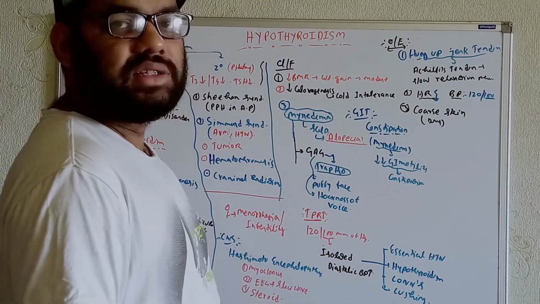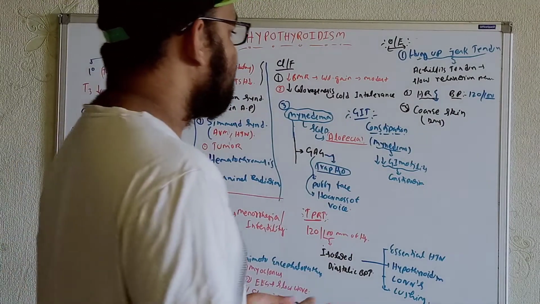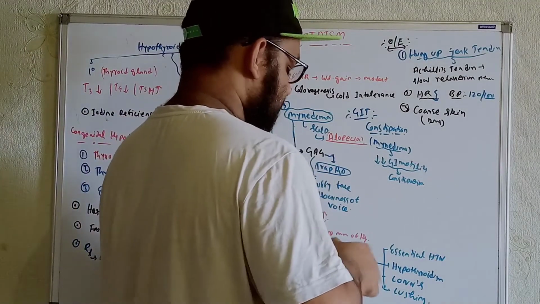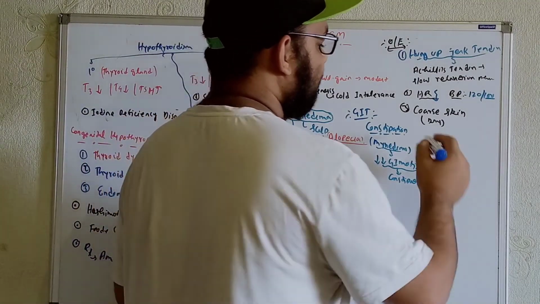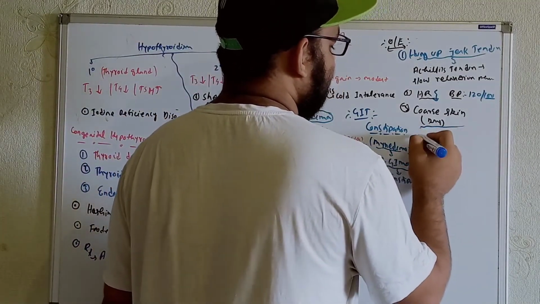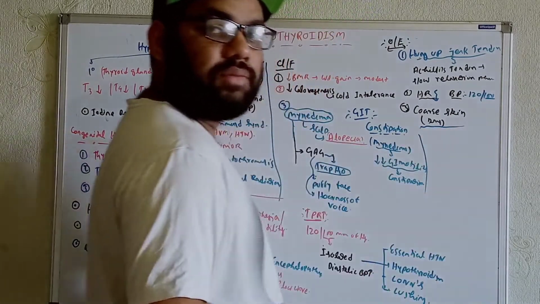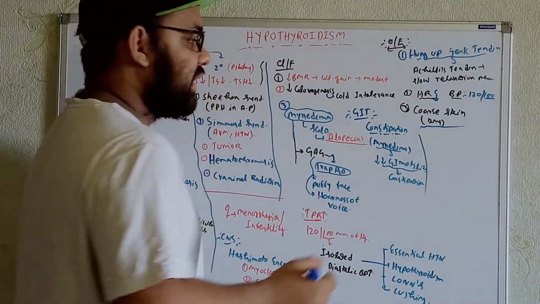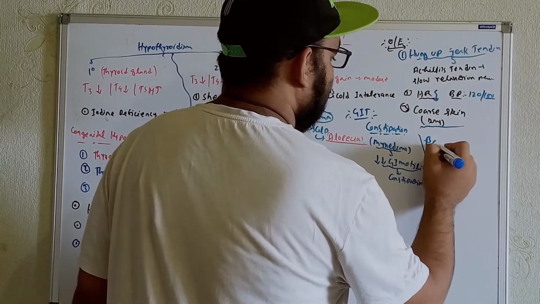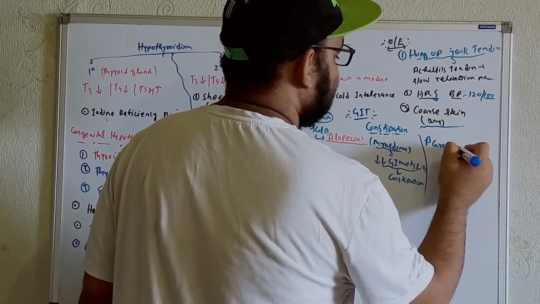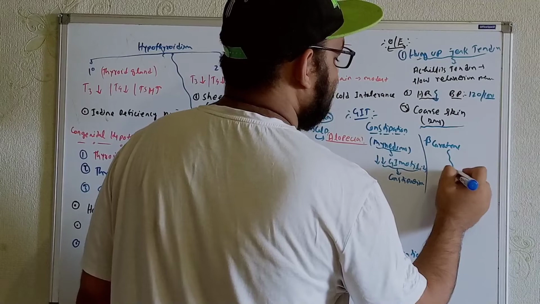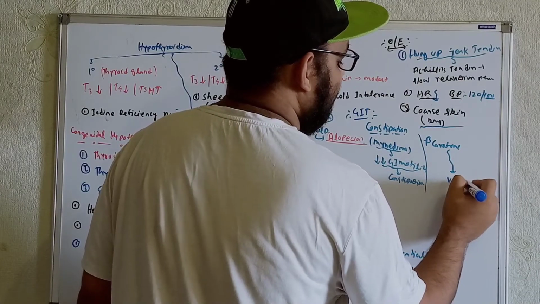Why? In this case, whenever individuals take different kinds of fruits, basically the fruits that contain beta carotene, the beta carotene can produce vitamin A. For that, we need the T4.